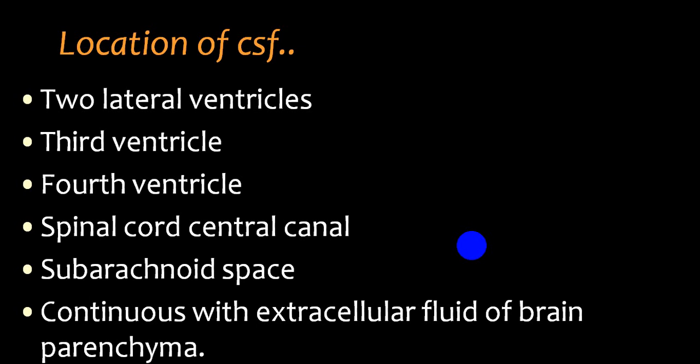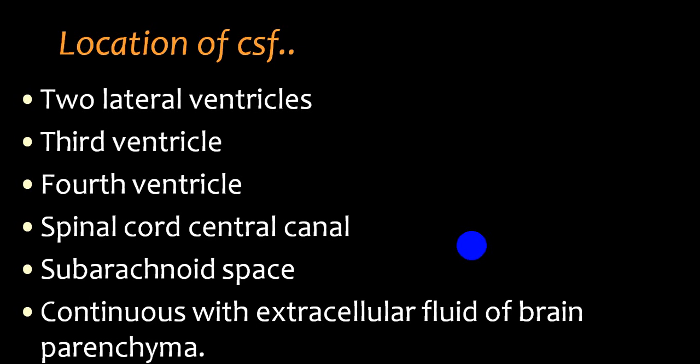Indirectly, the formation will take place in the lateral ventricle, and it will circulate from the lateral ventricle into the third, from the third ventricle into the fourth ventricle, and from the fourth ventricle into the central canal of the spinal cord and the subarachnoid space, which is surrounding the brain, that is the cerebral hemisphere, as well as the spinal cord.